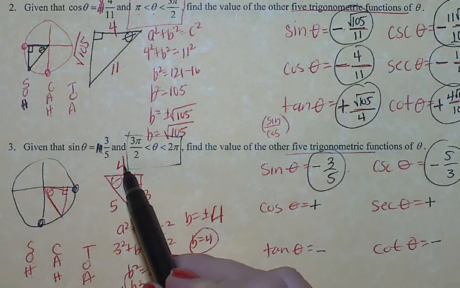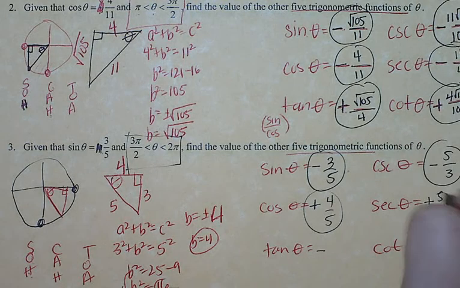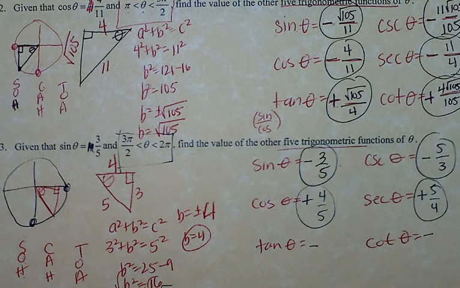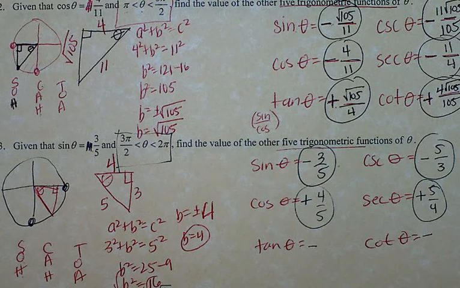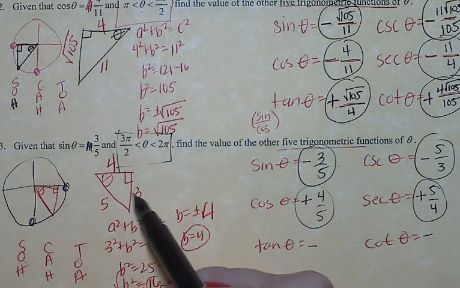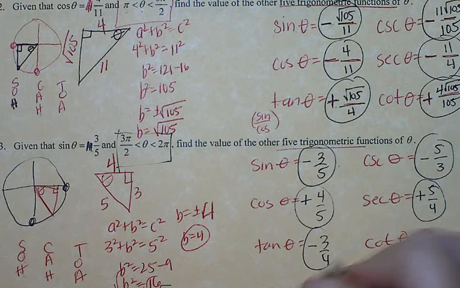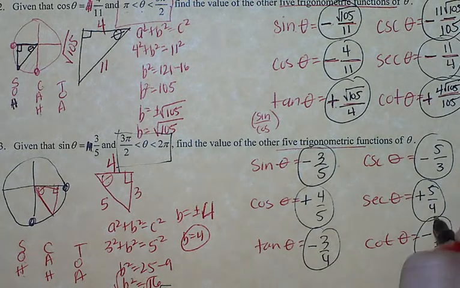So 4/5. Here's 4/5. Reciprocal, 5/4. Tangent. Tangent is opposite over adjacent. Opposite is 3, adjacent is 4. -3/4, -4/3.